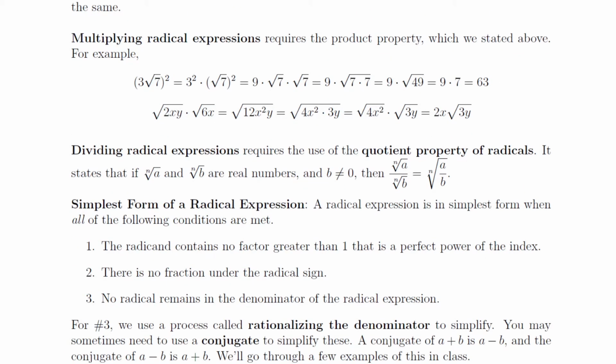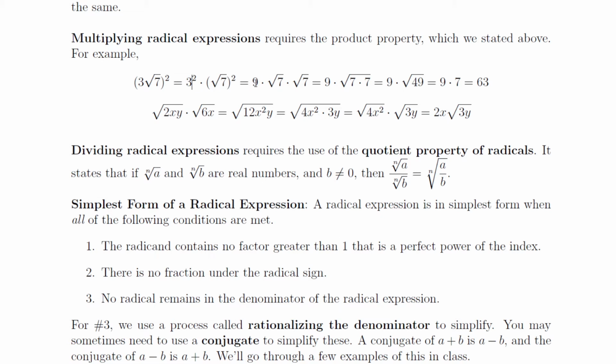When we do multiplication, it's again a similar idea. So say, for example, I've got 3 times the square root of 7, all raised to the second power. That 2, that exponent, is going to distribute to both of these items. So I would have 3 squared times the square root of 7 squared.